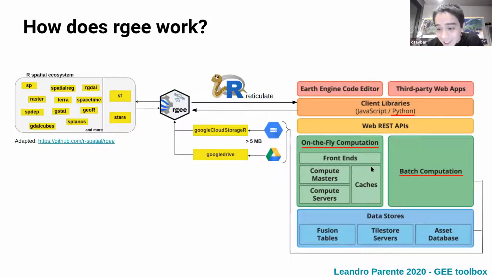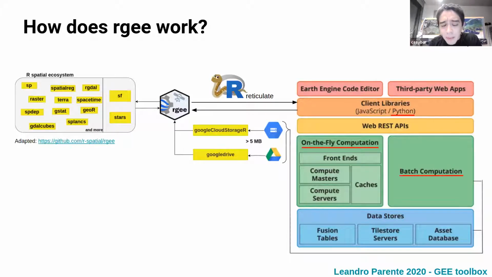That is, in a nutshell, how rgee works. We use reticulate just to virtualize a Python session within an R session. And honestly, this is not a big deal, because RStudio created this package and did really amazing work to transform R code into Python code. It's just a question of a few lines of code.